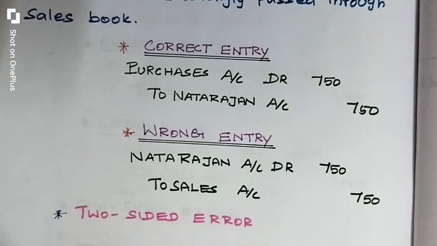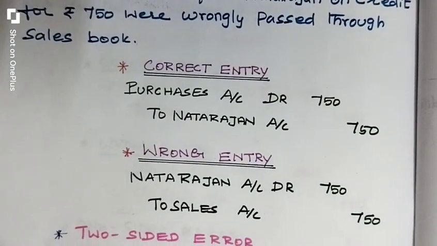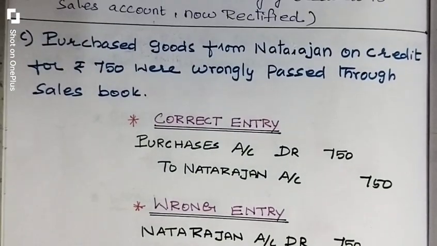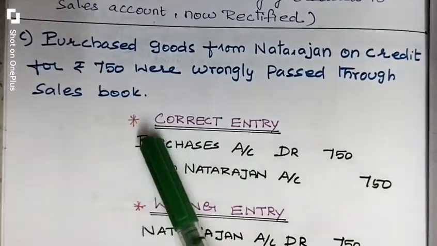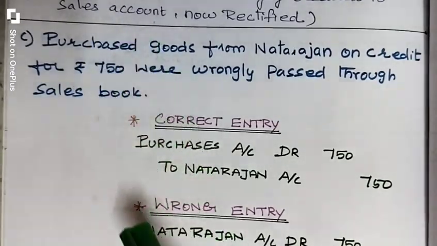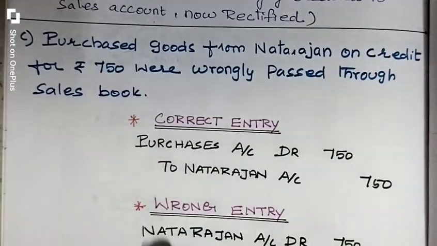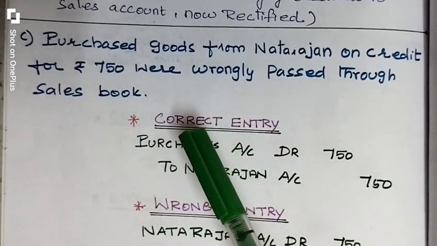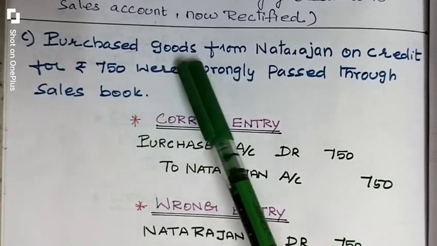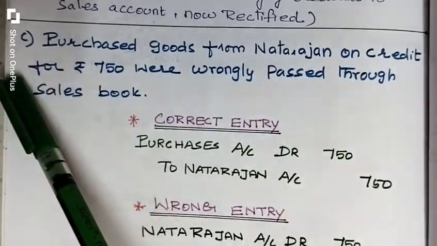How can you rectify this two-sided error? Listen. First we have to enter the correct entry. Why? Because we have to enter the purchases book, but instead of the purchases book, an accountant entered it into the sales book. So an accountant or a bookkeeper forgot to enter the purchases of goods from Natarajan on credit for rupees 750.